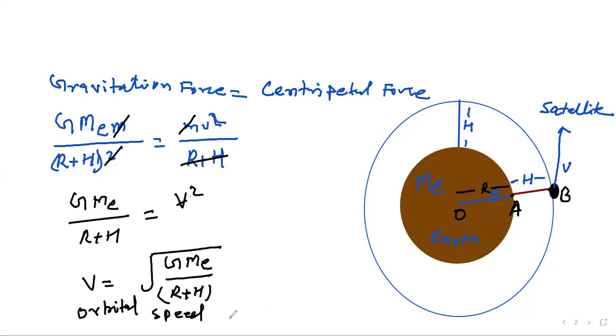In a question, if it is asked what is the orbital speed, you will say orbital speed is the speed of the satellite with which it moves around the Earth at a certain height.